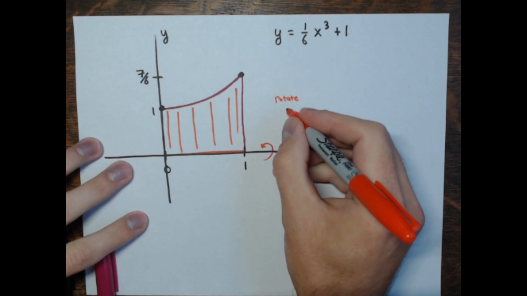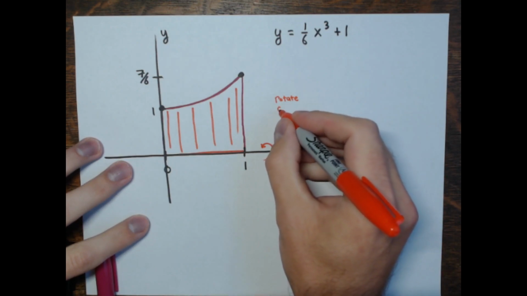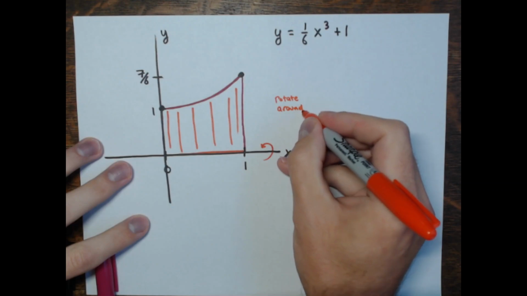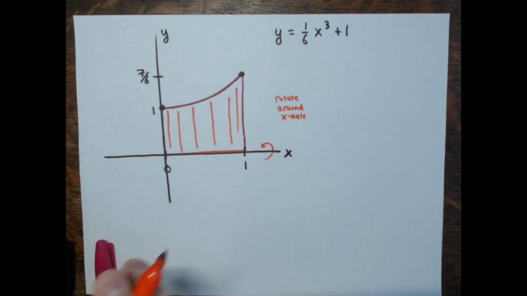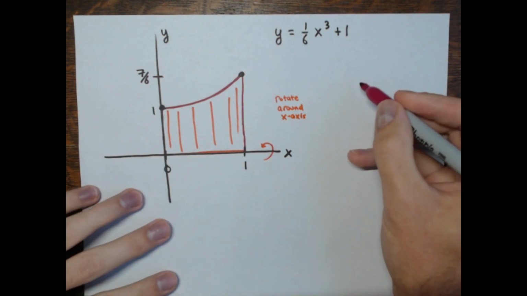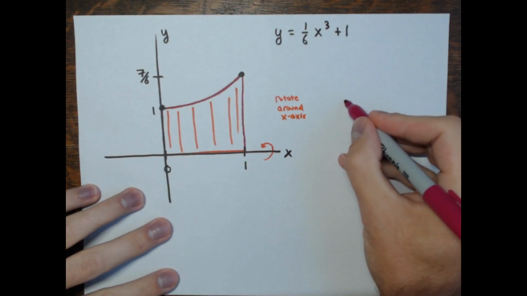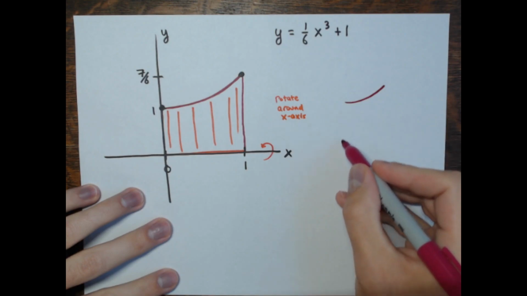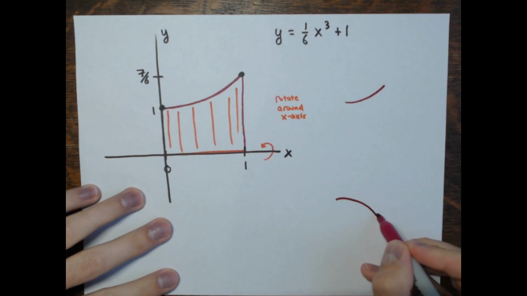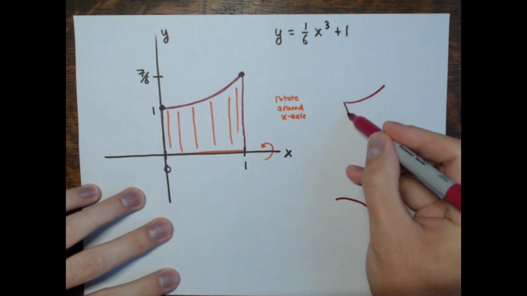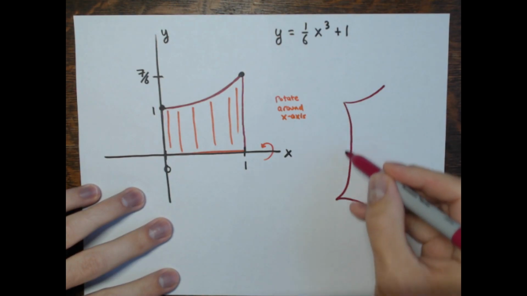But let's try to draw a picture of it right now. If I rotate this region around the x-axis, we're going to get a 3D figure looking like this. You've got this on top, across the x-axis, and you'll have something like that on the bottom again. Just the rotation of it, and a bunch of circular cross sections.